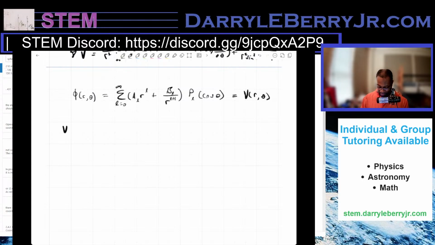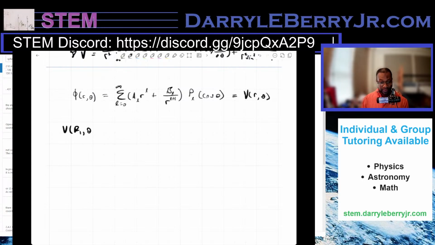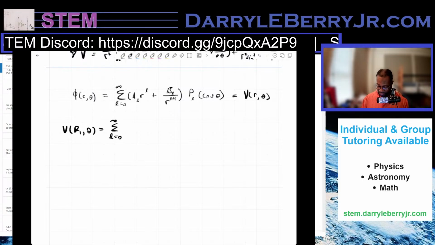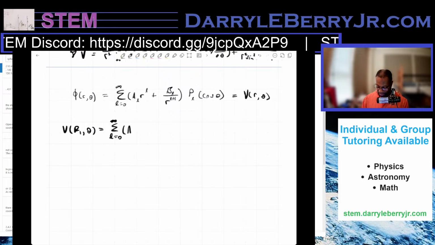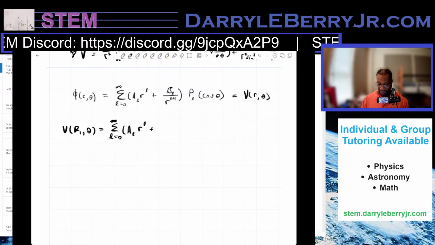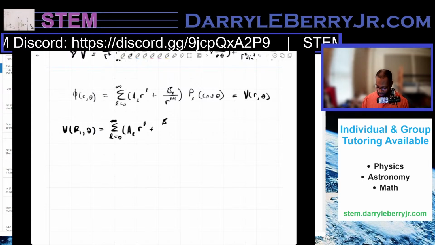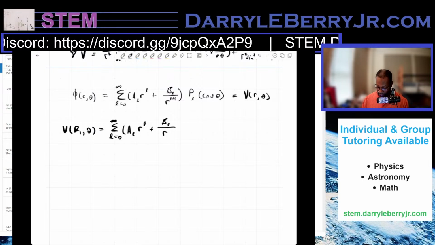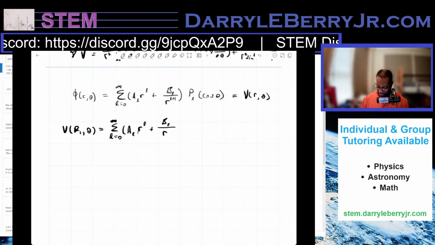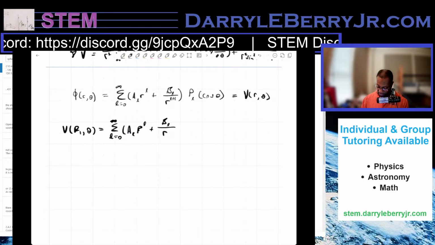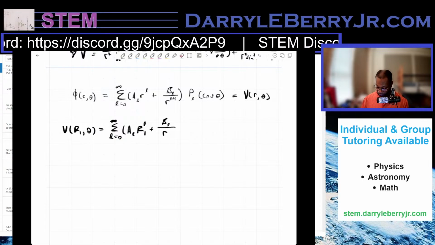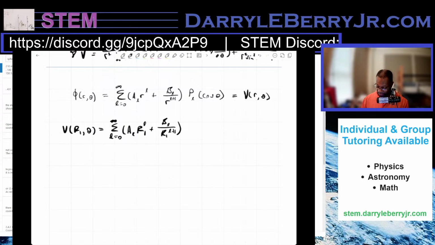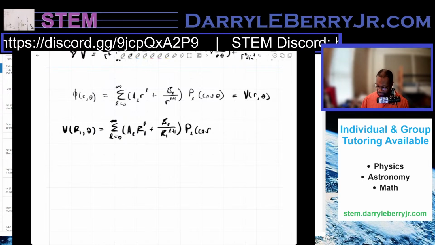So we can say the V at R1, theta equals the sum, L equals 0 to infinity, of A_L R^L plus B_L over R^(L+1), and this is actually going to be R1, R1^(L+1), and P_L cosine theta.